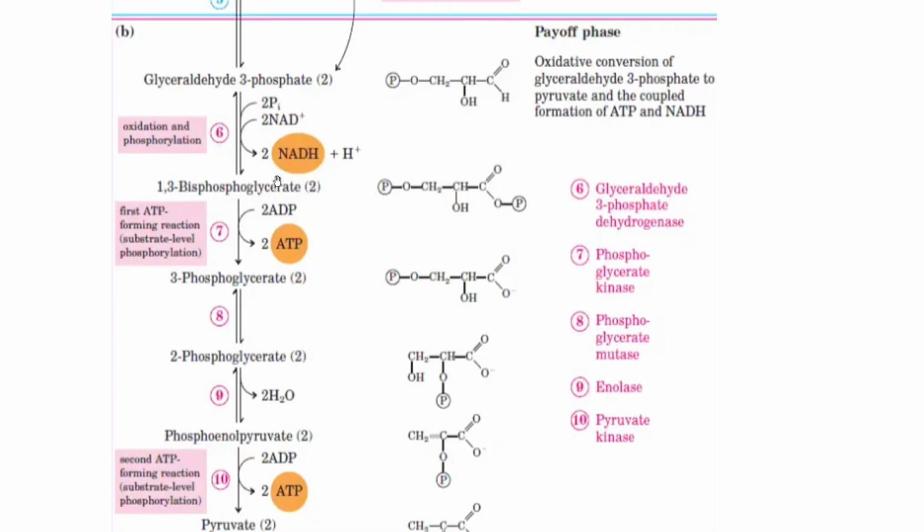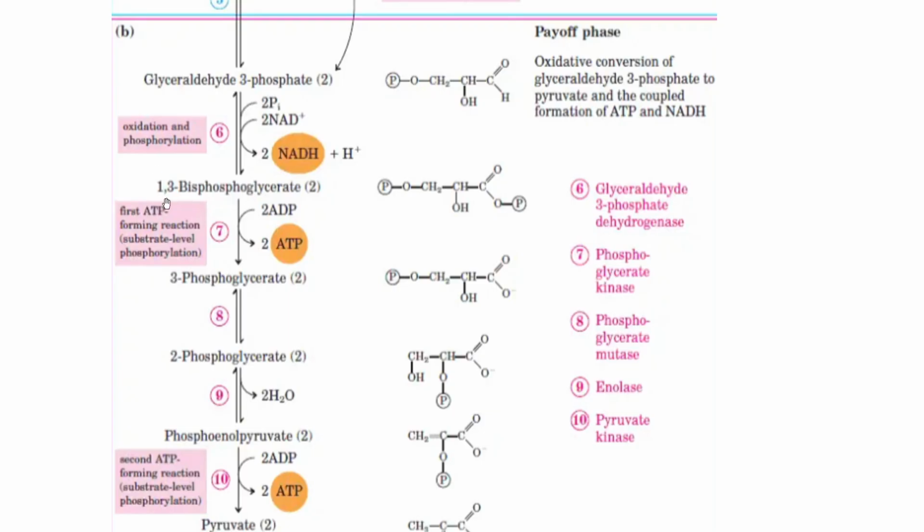So basically it loses a hydrogen and gives it to NAD plus, reducing it and forming NADH. One NADH for one glyceraldehyde 3 phosphate. For two molecules of glyceraldehyde 3 phosphate, we have two NADH molecules.